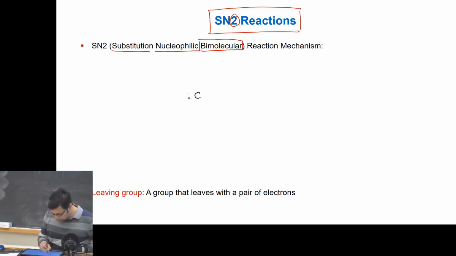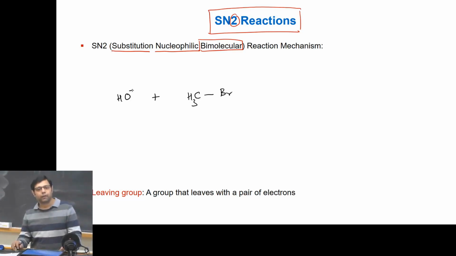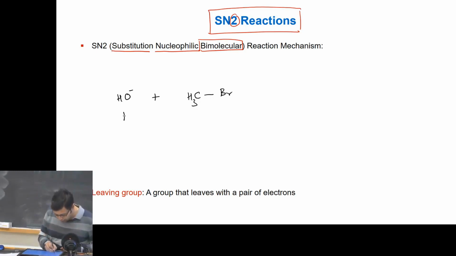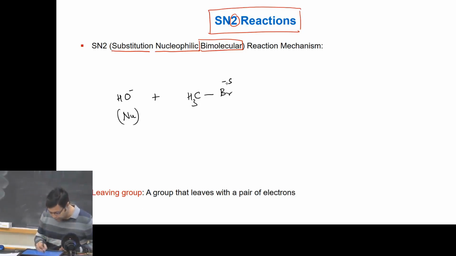Let's say I start off with this alkyl halide, CH3Br. I react with a nucleophile OH-. So this is the nucleophile in the reaction. As we have learned in previous chapters, the carbon-halogen bond is polarized towards the halogen.